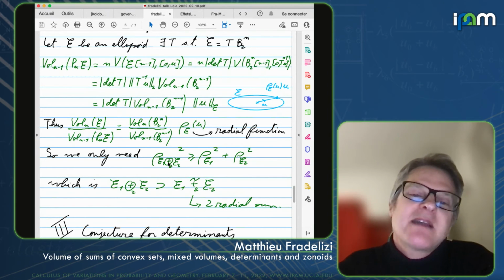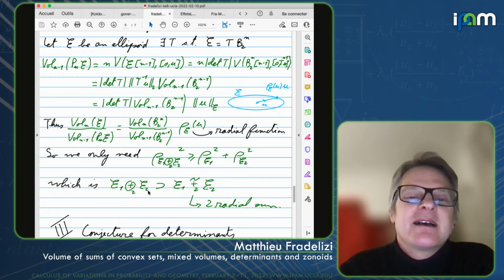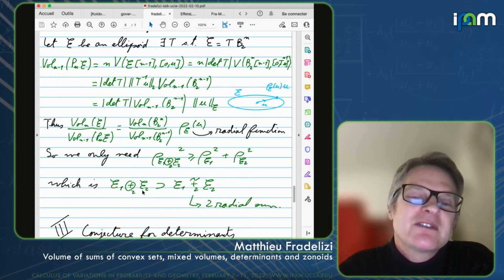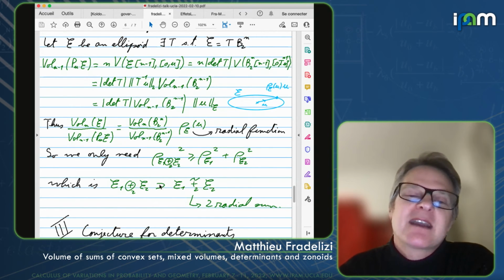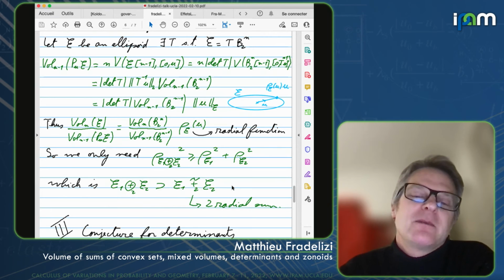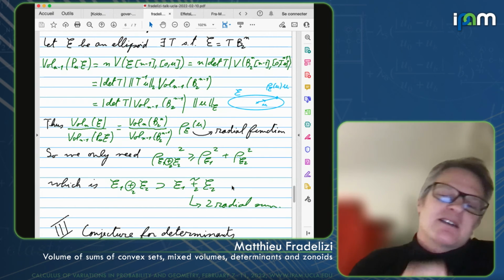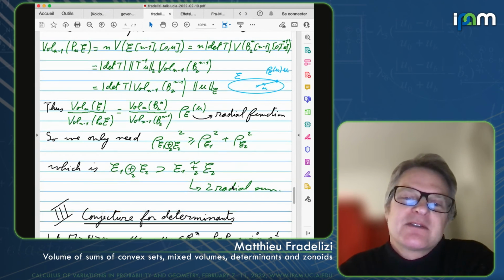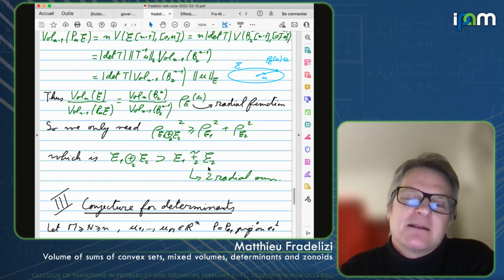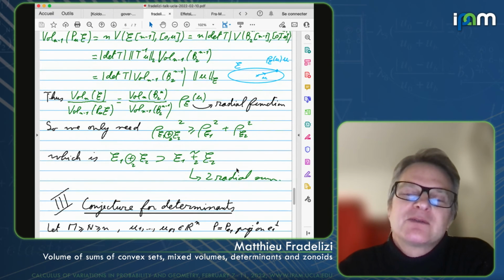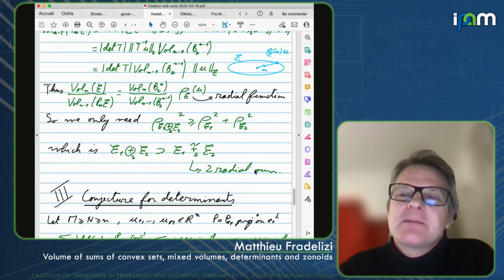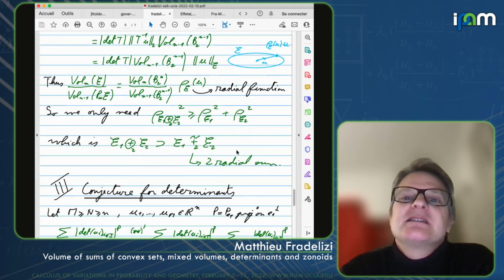But this is the same as saying that this Minkowski 2-sum contains the radial 2-sum. And this is not difficult to check, and it's well known from the work, as I said, of Lutwak, who studied a lot this kind of sums. Maybe it was also known from Firey. Okay, so this proves this inequality.